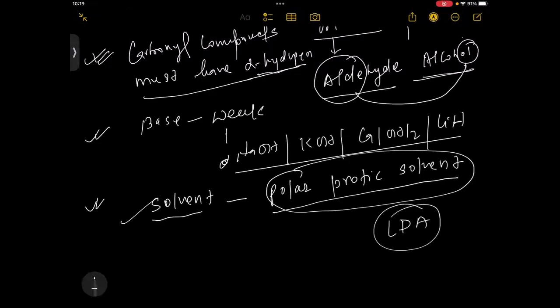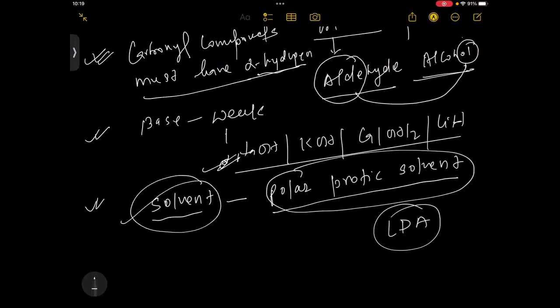But we are not discussing LDA today. Simply, first we understand the polar protic solvent used in aldol reactions. Either in lecture B or C, I will discuss the aldol condensation with a strong base and what the consequences will be. But now we simply use a weak base.